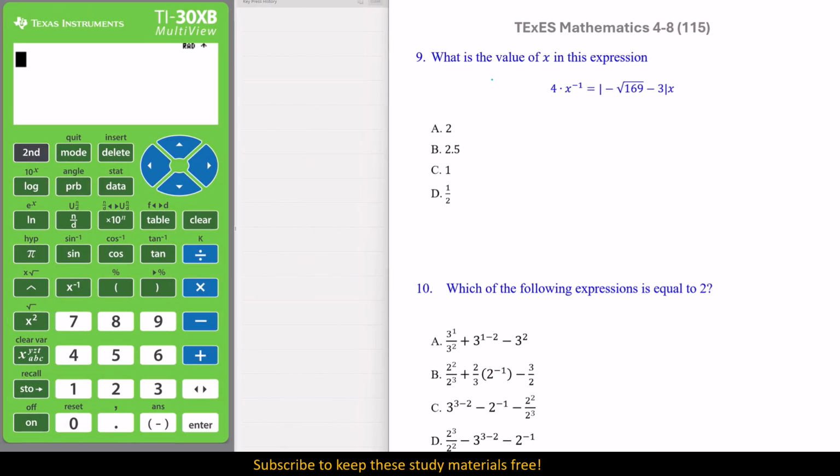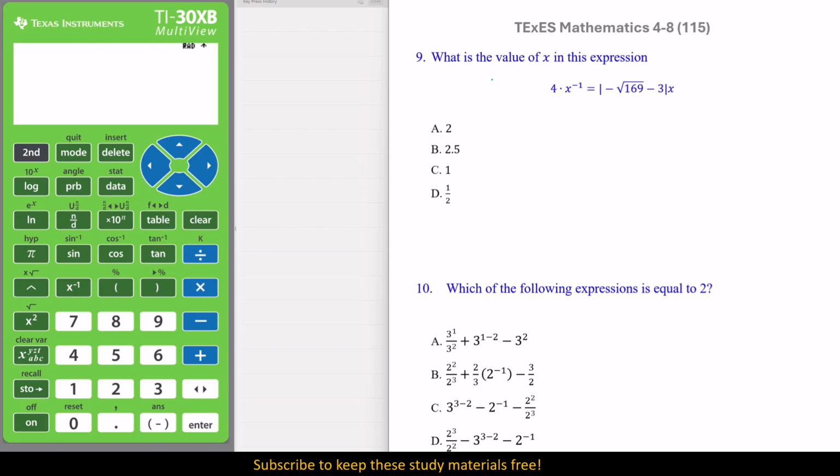Number 9. What is the value of x in this expression? Okay, well, we see absolute value and a negative exponent with a variable, but it's okay. Let's go ahead and we can partially use our calculator and then also our knowledge of number theory and exponentials, okay?